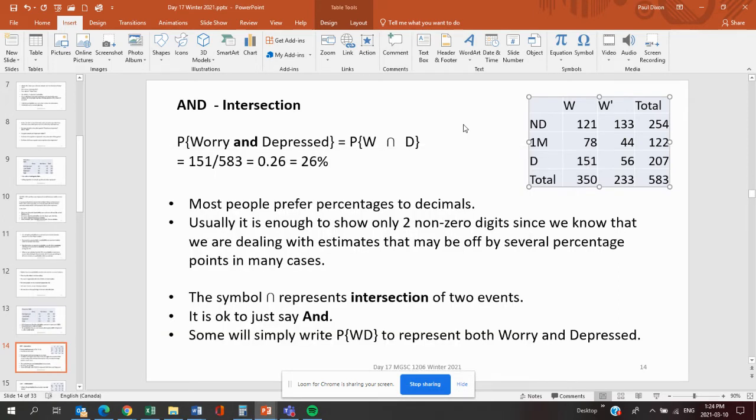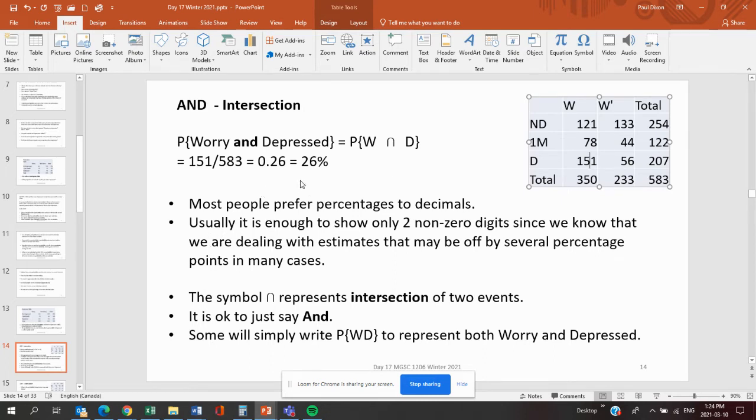Never carry more than 2 significant digits. If this number was 20% or 30%, I don't think you'd care. They're both about the same. Knowing that it was 25.9 instead of 26% is not useful information. Just round it off to 2 digits and be done with it.